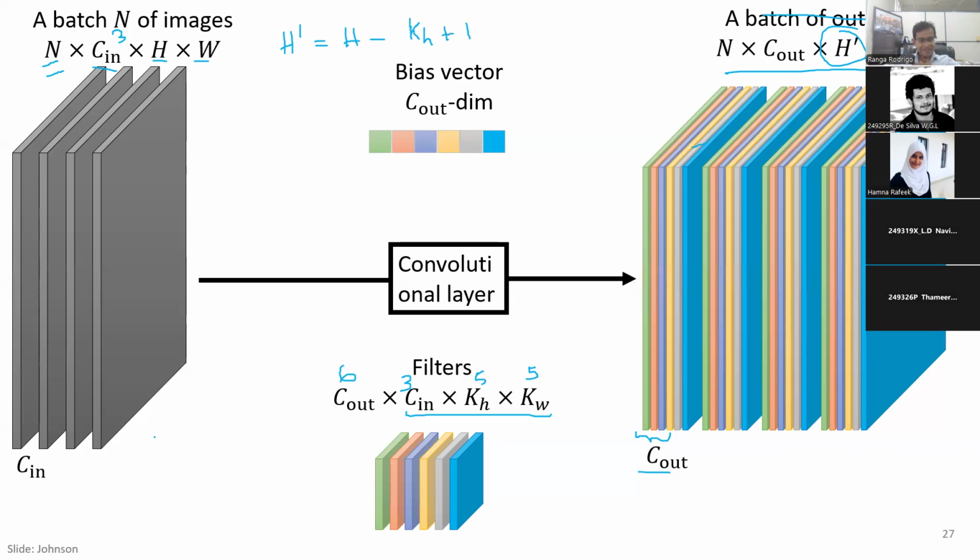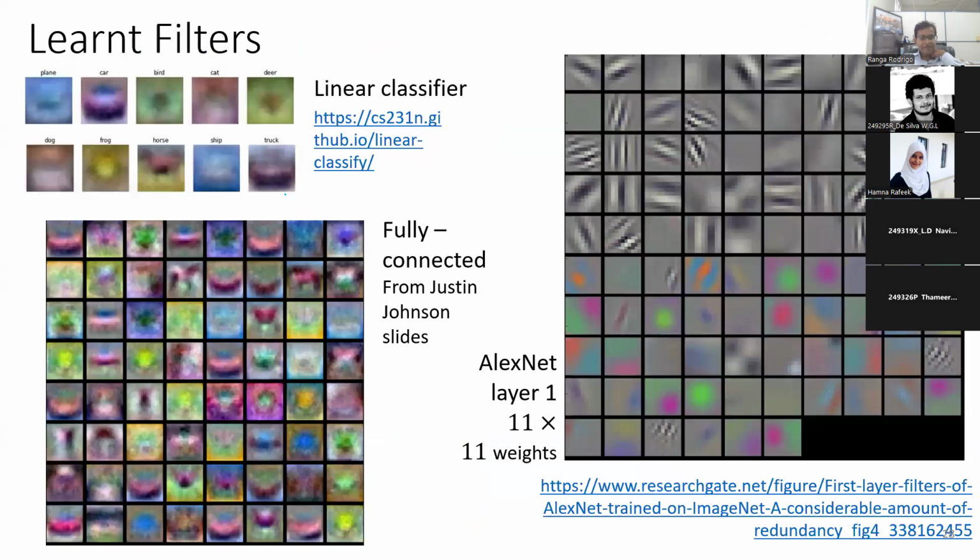That will be the size, right? Because we saw that if this is 32 by 32 and our kernel size is 5 by 5, the output will be 28 by 28.